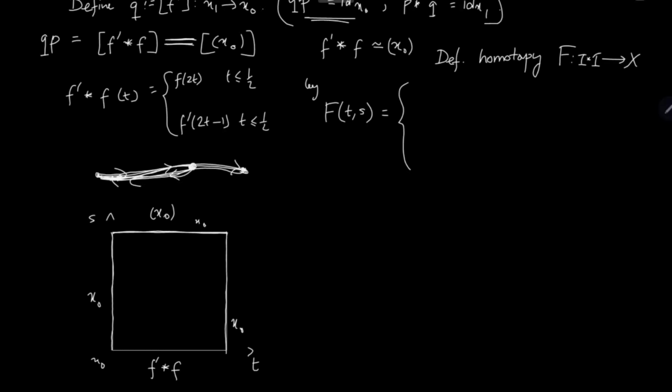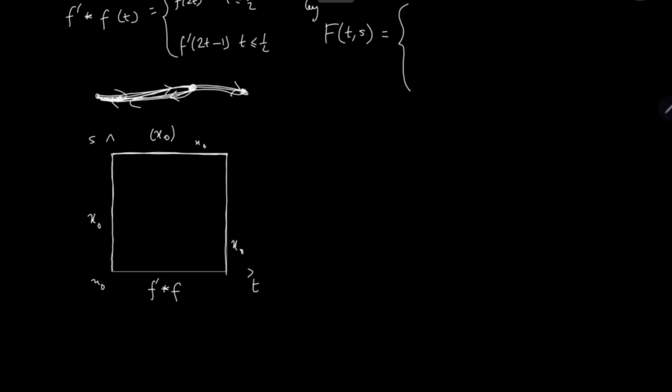So what we do is, we apply an identification on this square. Since all of these points are the same point, we identify this entire line to be one point. So what we get is something like this, a triangle, right? The initial map is f dash star f from x naught to x naught. In the middle somewhere here is supposed to be x1.